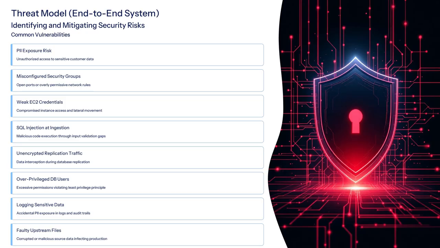Moving on to the security aspect. In the security assessment, we identify vulnerabilities like exposed PII, over permissioned users, misconfigured security groups, SQL injection, unencrypted connections, weak instance credentials, sensitive data in logs.